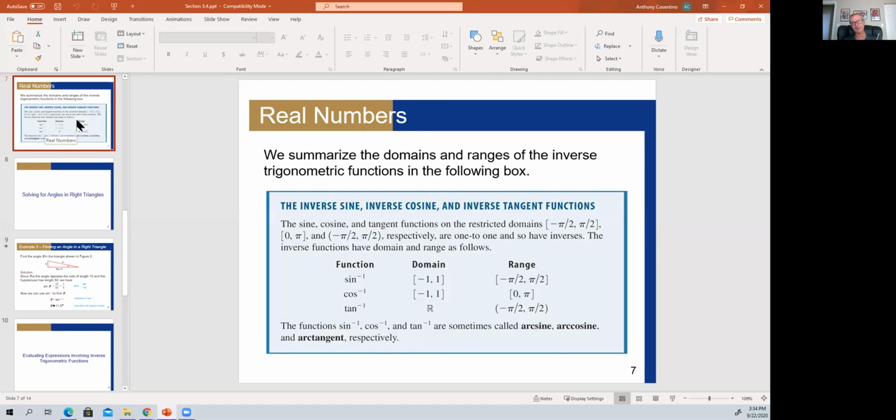We have these ideas of domain and range, and the domain is the input to the function. And remember, if you look at the sine and cosine graphs, they never go above 1 or below -1. So that's the only input to the inverse, where remember tangent, any number works. So all real numbers can go into the inverse tangent function.